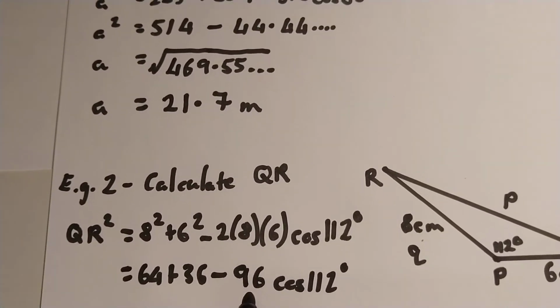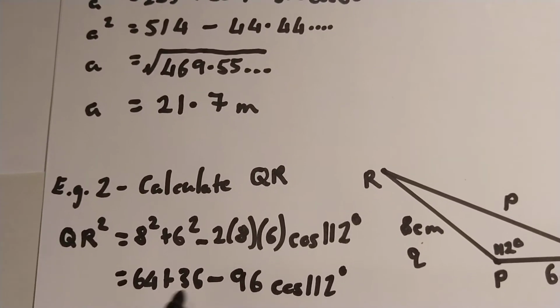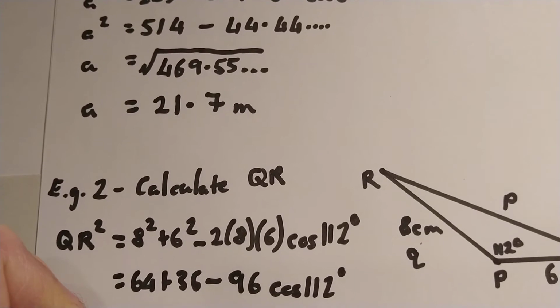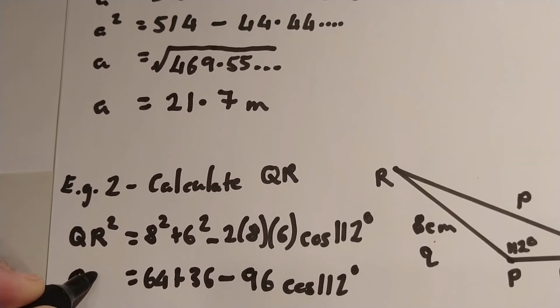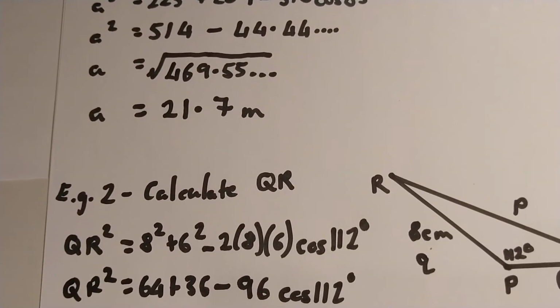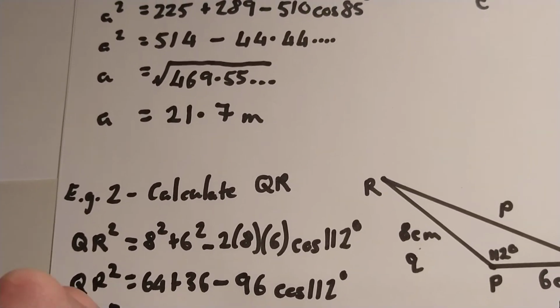Again, we'll make sure we do the multiply before subtracting from this, which will be our 100 here. Again, I'll just put in my QR squared. 100.